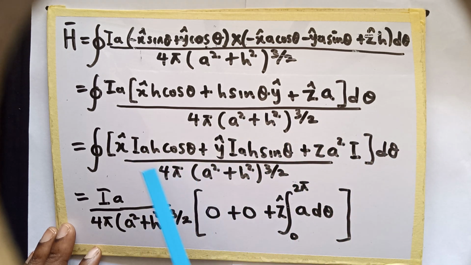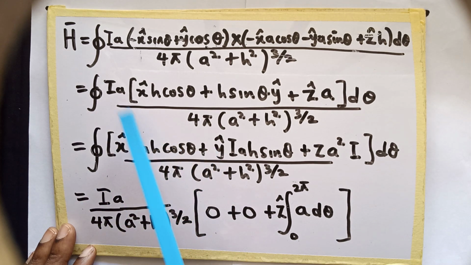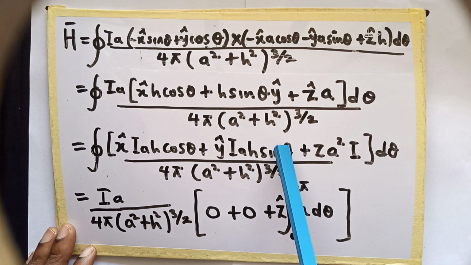Then what you notice is that there is I a, there is I a, and there is I a. This one all together, we'll factorize them out and get this expression, leaving the integral of cos theta plus the integral of sin theta times h, then plus the integral of this particular expression.